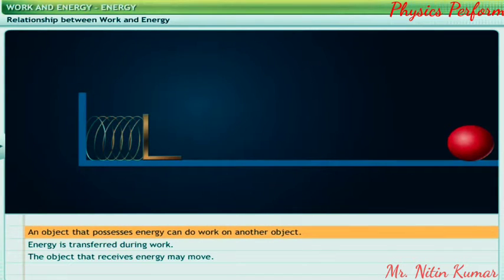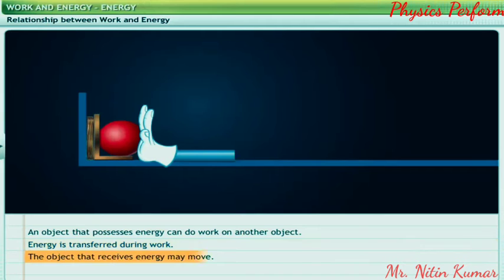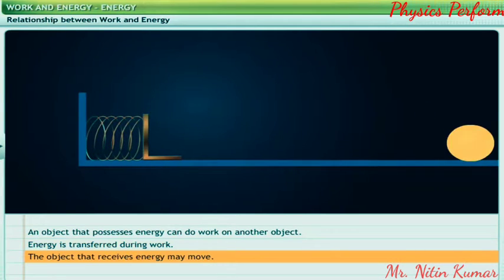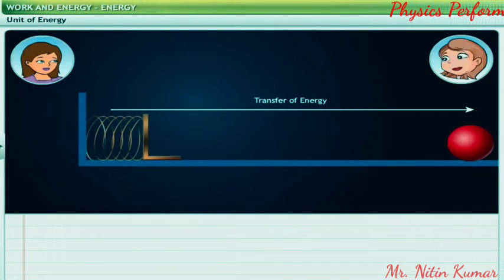In other words, an object that possesses energy can do work on another object. When this happens, energy is transferred from the former to the latter. The second object may move as it receives energy. Oh, so work is basically a transfer of energy.